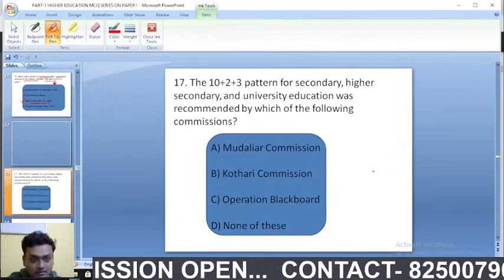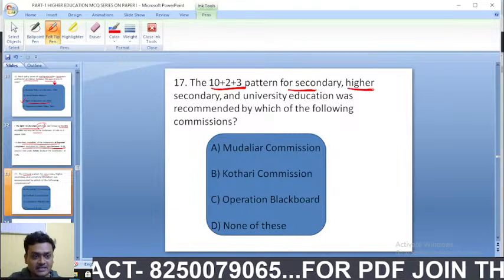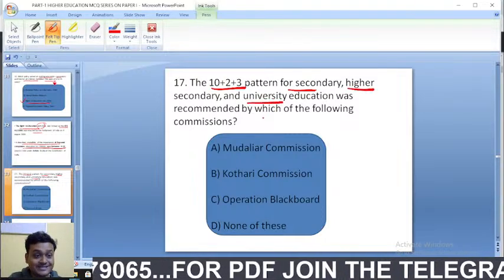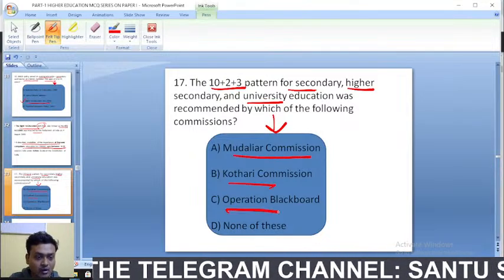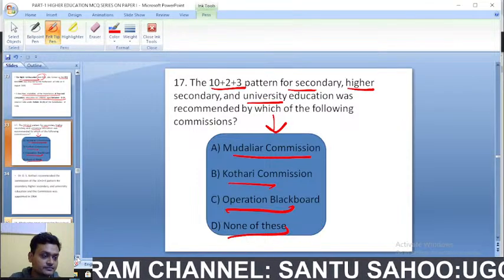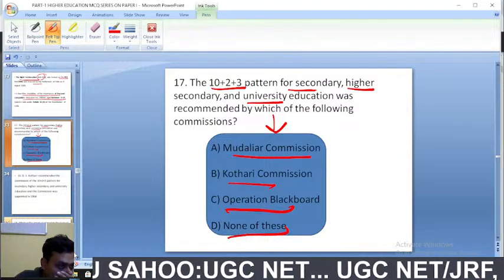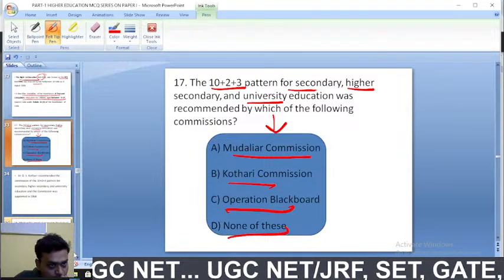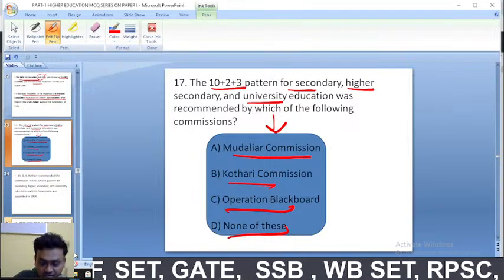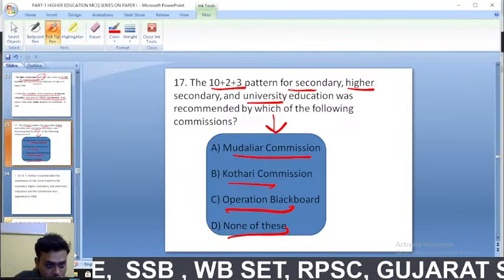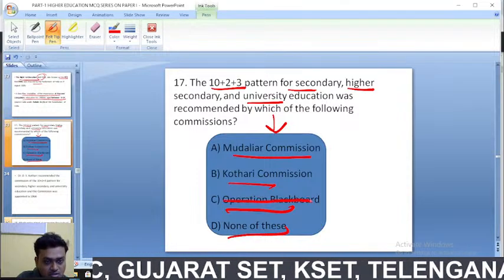Archana Babu, everyone. The 10 plus 2 plus 3 pattern for secondary, higher secondary and university education was recommended by which of the following commissions? Mudaliar Commission, Kothari, Operation Blackboard, none of these.